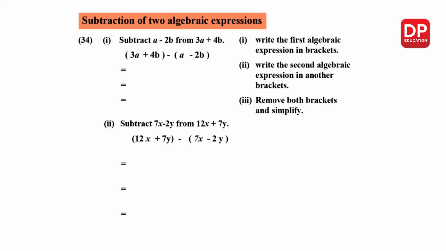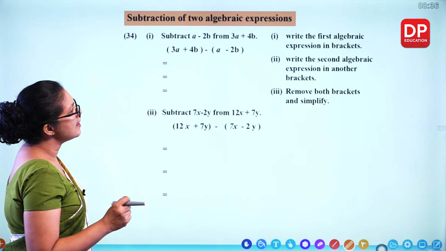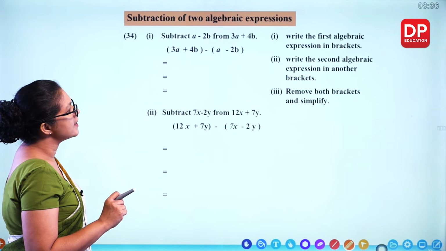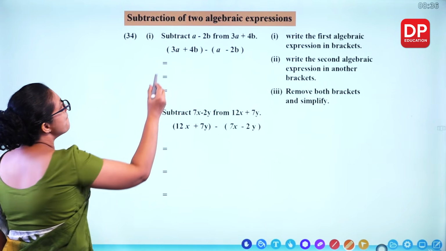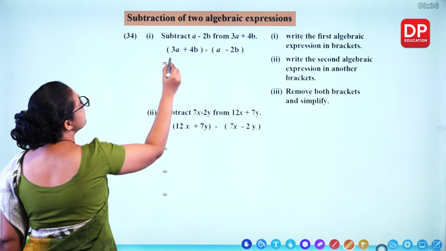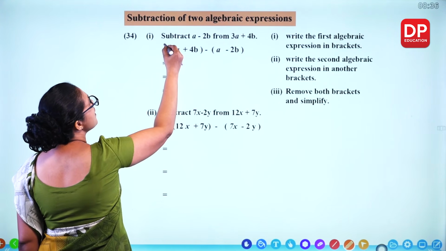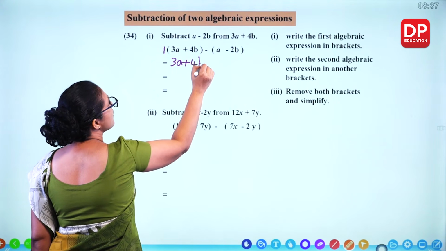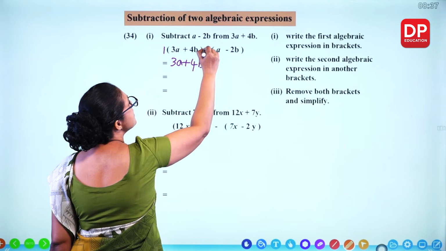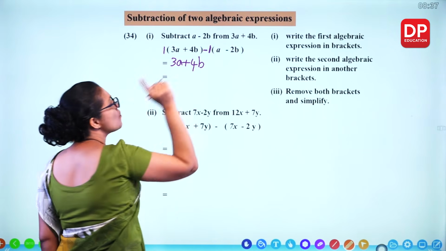Subtraction of two algebraic expressions, you have to do the same thing. Write the first algebraic expression in brackets, write the second algebraic expression in another brackets, remove both brackets and simplify. 3a, here nothing means just multiply by 1. Here minus is there, so that means this is minus 1.